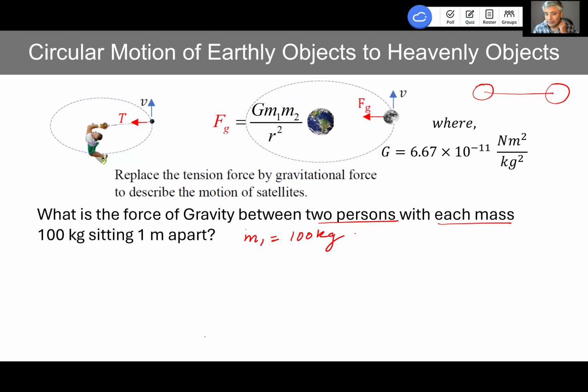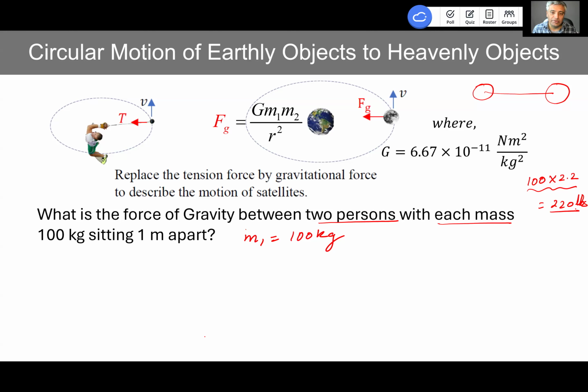So if you are not familiar with kilogram, or if you cannot tell how much mass is there, my mass is around 65 kilogram. If you want that converted into pound, for example, you simply multiply kilogram by 2.2, and that's going to give you the equivalent pound. So this becomes around 220 pounds equivalent mass.